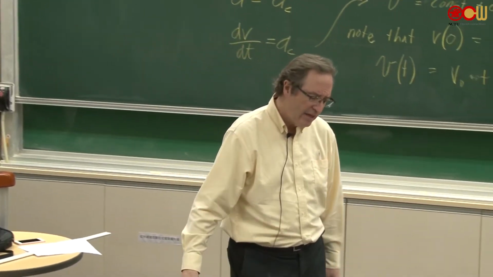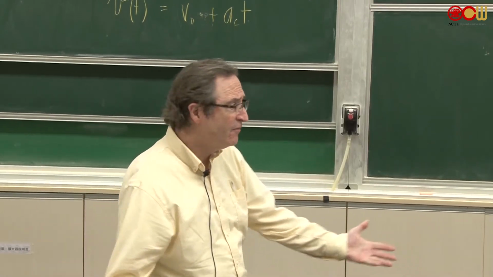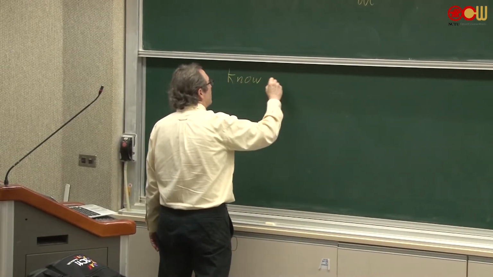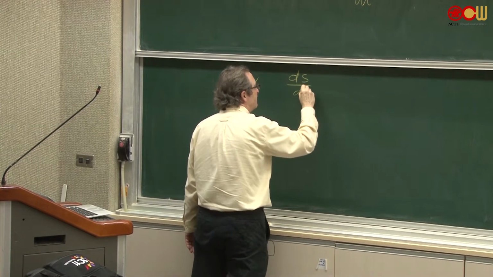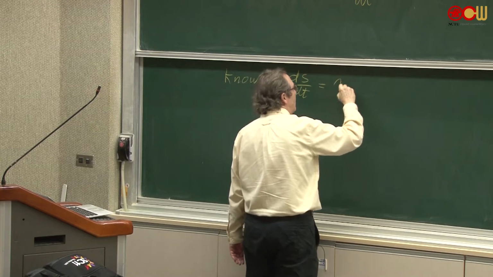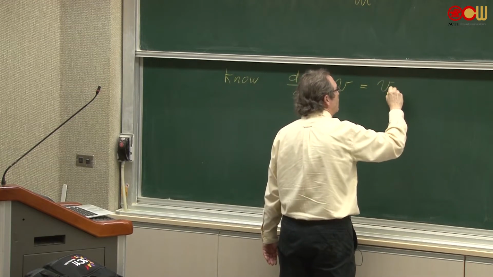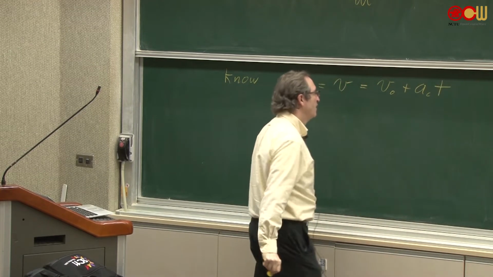Now we can easily do this again to find how the position varies with time. We know that ds dt is equal to v, and we just figured out what v is. It's v0 plus act.